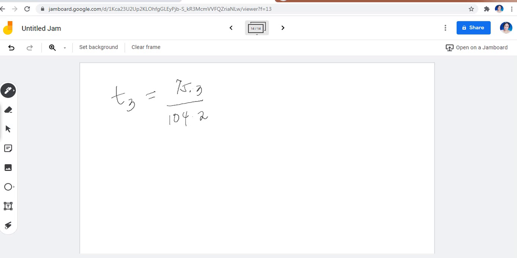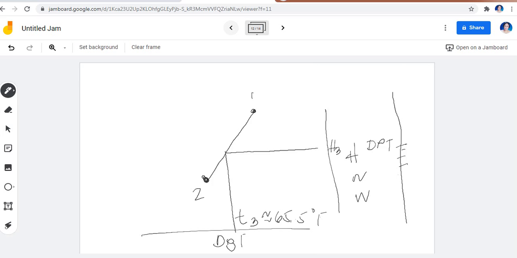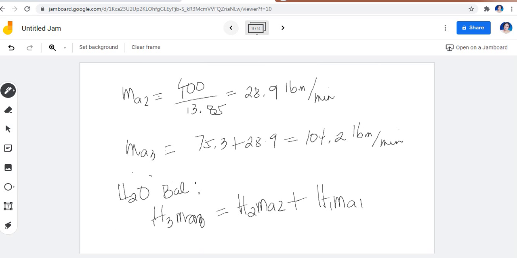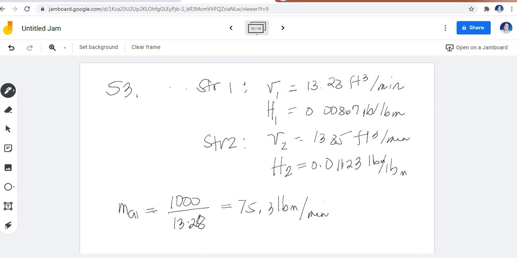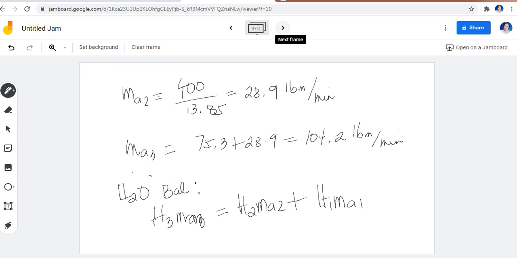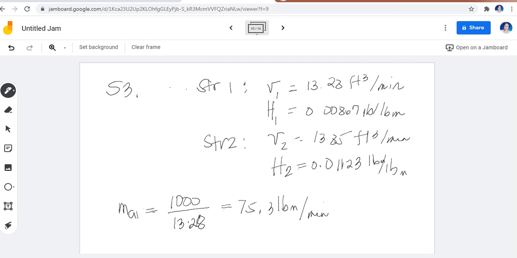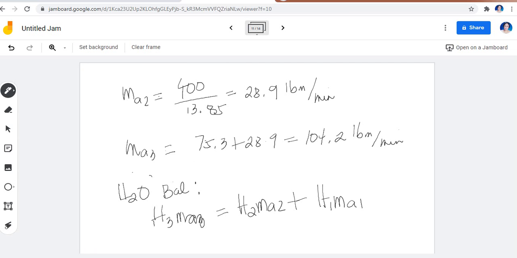If I'm not mistaken, this is for your stream 1. Wait, class, where did I get the 75.3? This one, the mass flow rate for stream 1, here, 75.3. And then we divide it by the total that you could see here, which is 104.2.